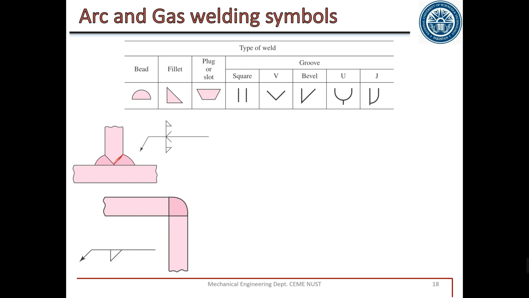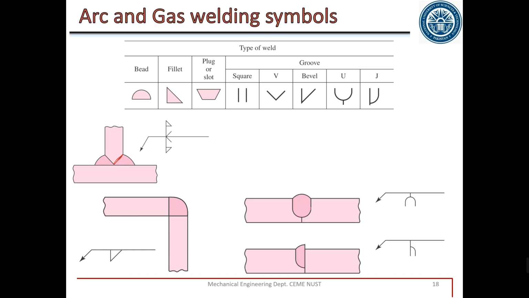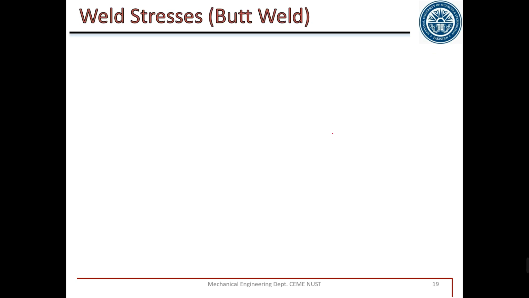We have made a fillet weld here. This is for U type or J type, and this is for square. The weld is square. Both the parts have not been prepared, have not been cut to any angle. They are made square, and the material is welded.